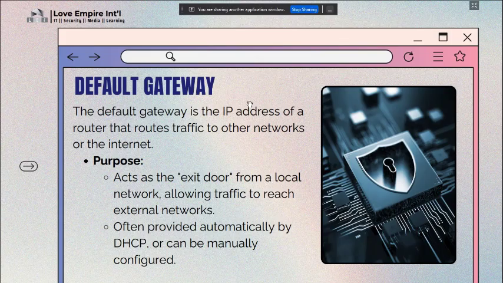That means before you reach any of those computers from outside, you have to pass through the default gateway. The purpose of the default gateway is to act as the exit door from a local network, allowing traffic to reach external networks. It is often provided automatically by DHCP, or you can input it manually. Yesterday we did it manually, not DHCP.